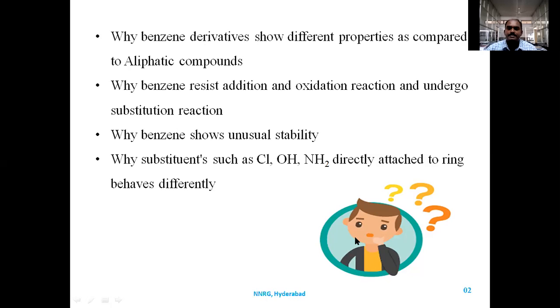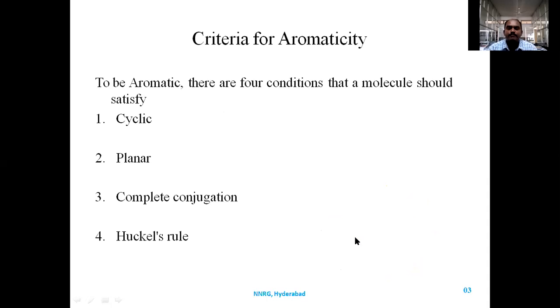By definition, to know the aromaticity of different compounds, there are 4 criteria that a molecule should satisfy. The molecule should be cyclic, the molecule should be planar, it should have complete conjugation, meaning alternate double bonds should be there in its nucleus, and it should satisfy Huckel's rule, that is 4n plus 2 pi electrons should be there in the molecule.